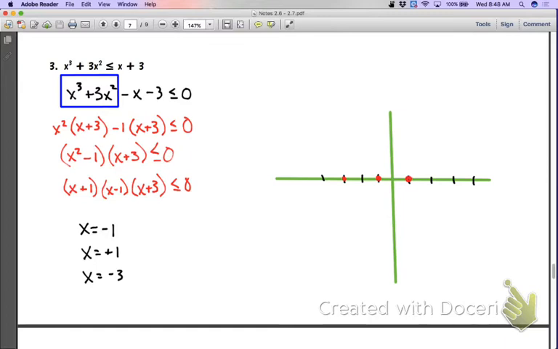Now, one thing I'm talking about with my Algebra 2 kids right now, because we're going through the same thing: if it's positive, what is that right side doing? Do you remember those rules? If it's odd, what happens to my arrows?